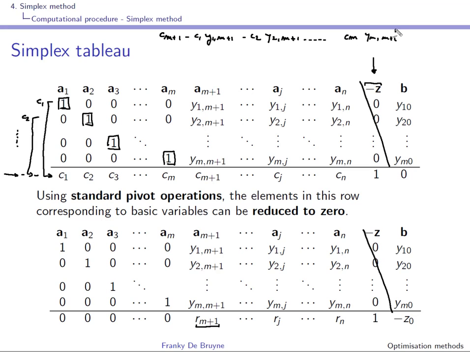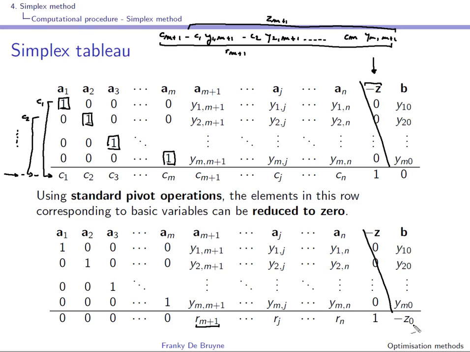If you remember, this is the definition of Zm plus 1. So indeed, this is the reduced cost or the relative cost associated with the non-basic variable xm plus 1.